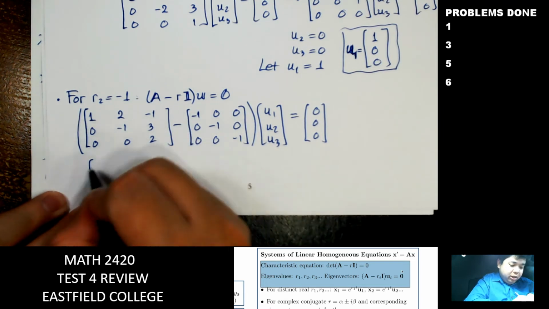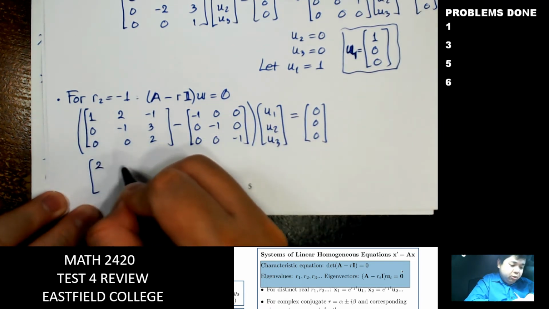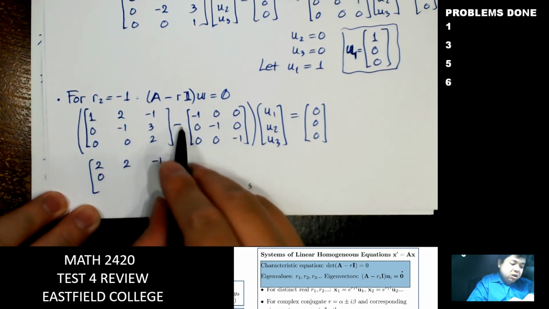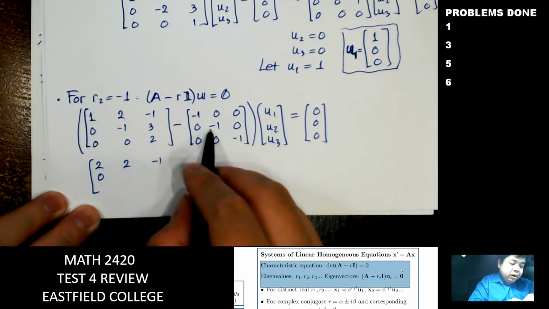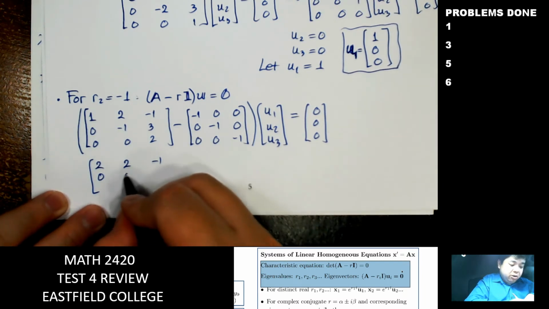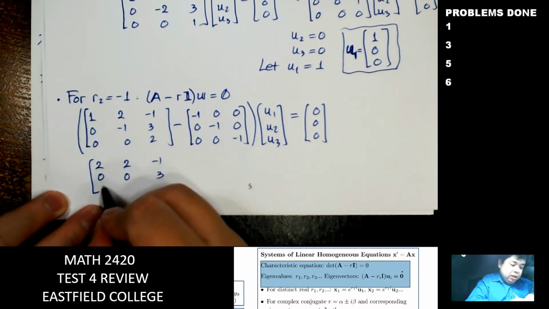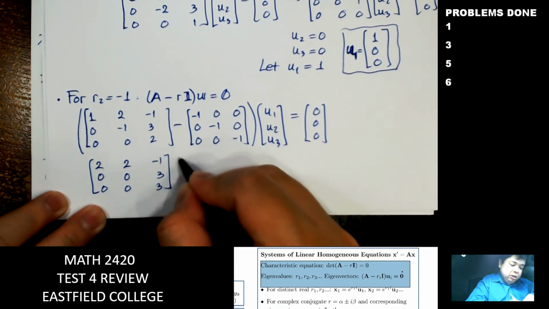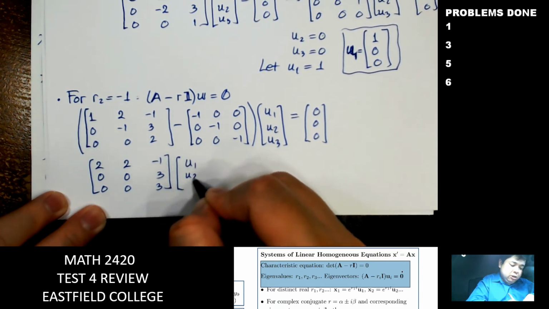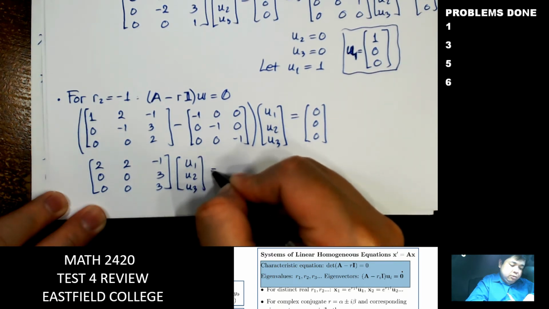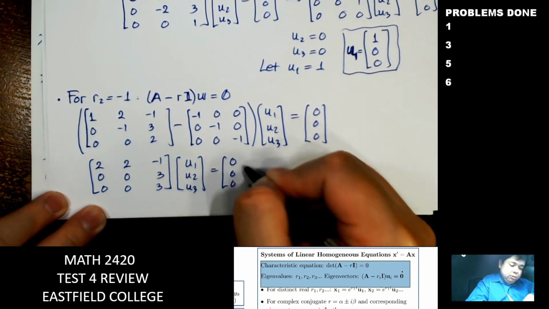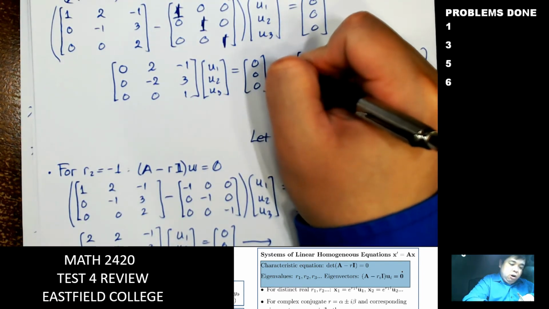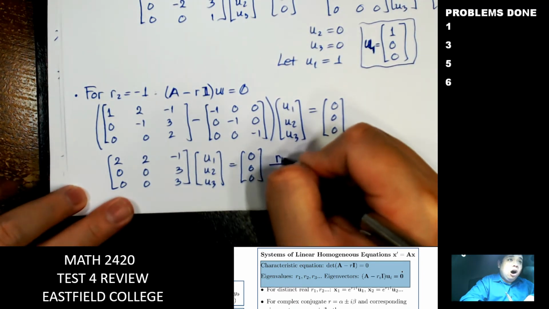1 plus 1 is 2, 2, -1, 0, -1 plus 1 is 0, 3, 0, 0, 2 plus 1 is 3. Now we do RREF here.